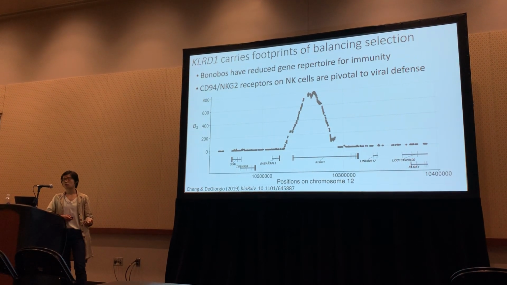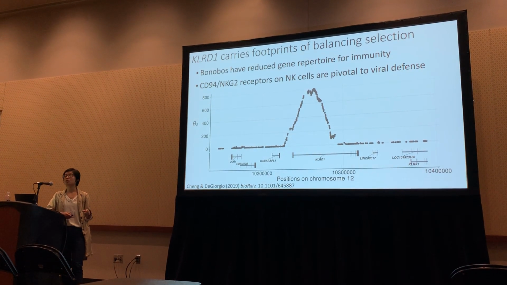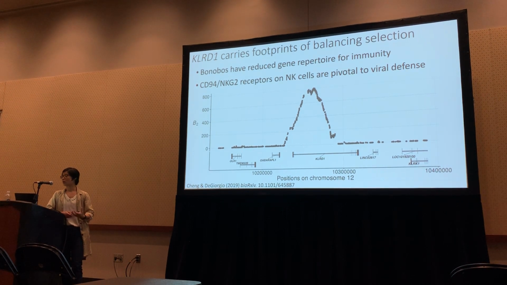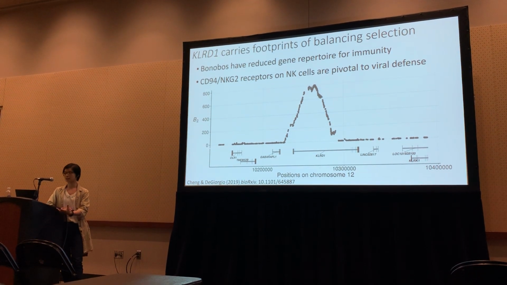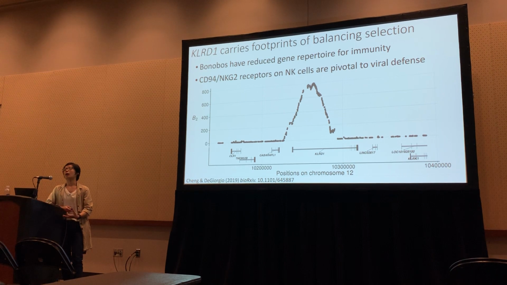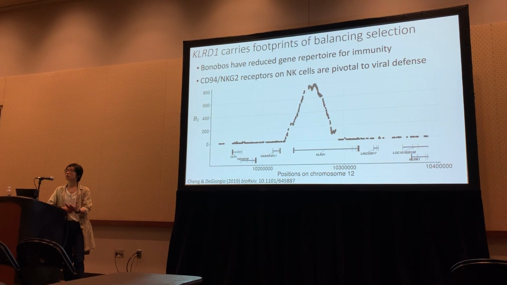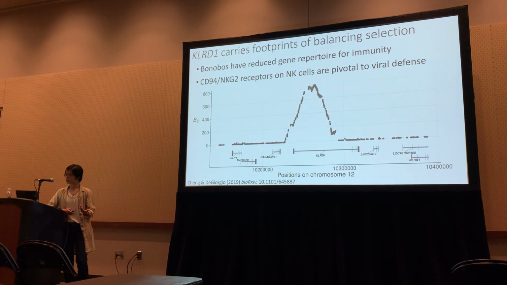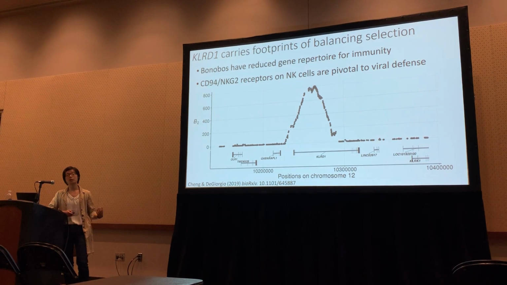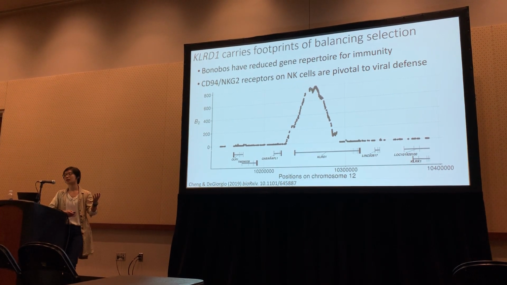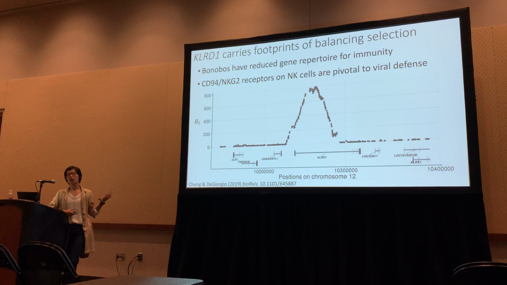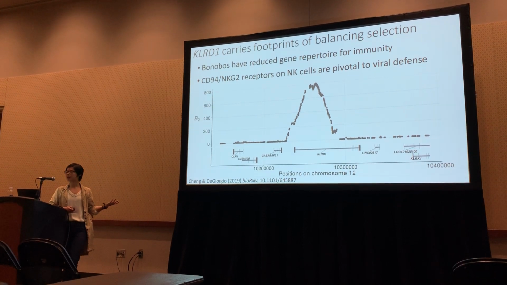KLRD1 encodes CD94, a very crucial component of a receptor complex on natural killer cells, which are important immune cells especially for viral defense. It's as if it's compensating for the loss of diversity of its binding partners or other players along the line of viral defense.